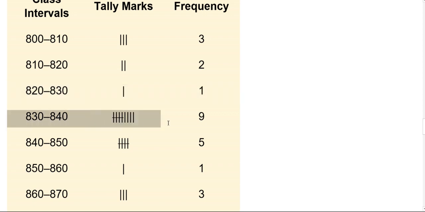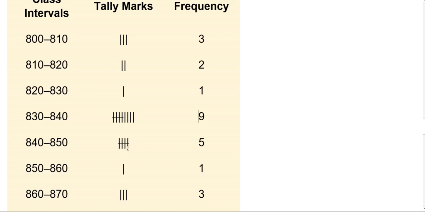830 to 840, 9 members, here 4 strike lines, 1 2 3 4 vertical, and a horizontal one line, that is 5, and 4, total 9. 840 to 850, so simply you can understand like this: 1 2 3 4 5.